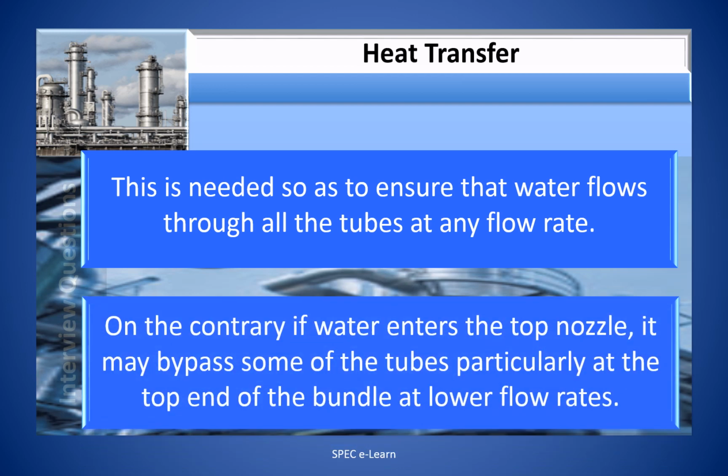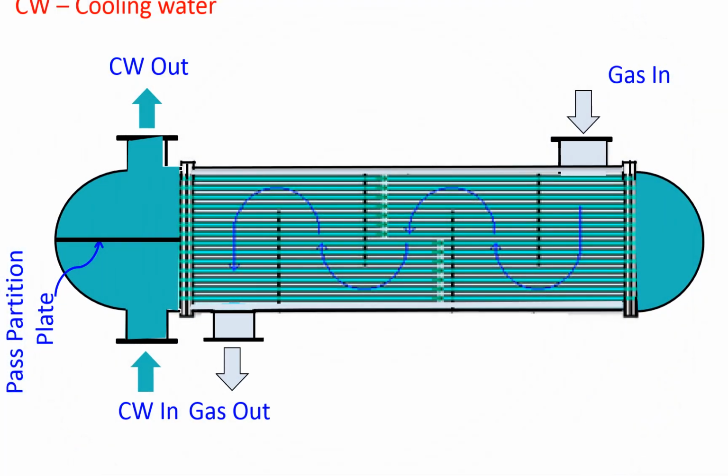On the contrary, if water enters the top nozzle, it may bypass some of the tubes, particularly at the top end of the bundle at lower flow rates. This figure illustrates the flow direction and fluid allocation for the tube and the shell side of the heat exchanger.